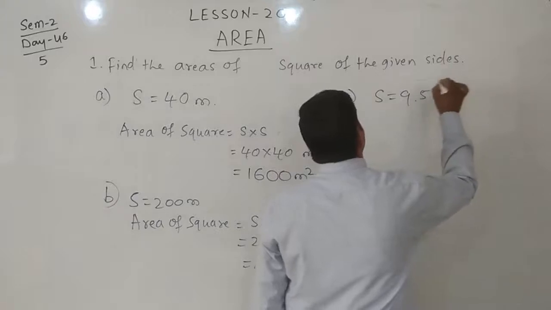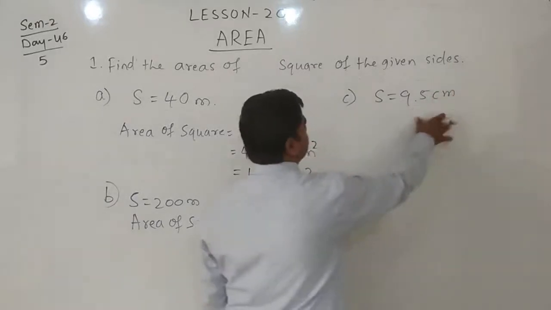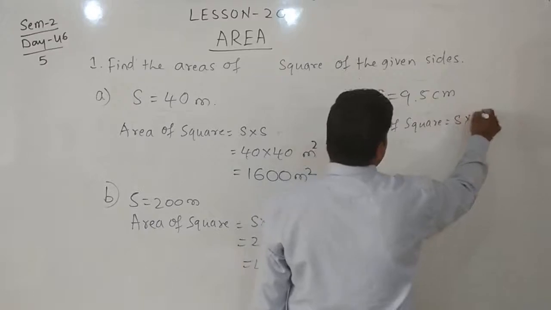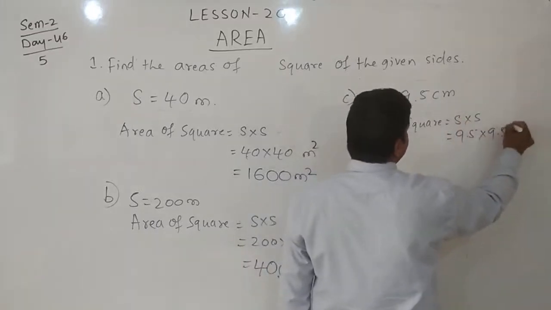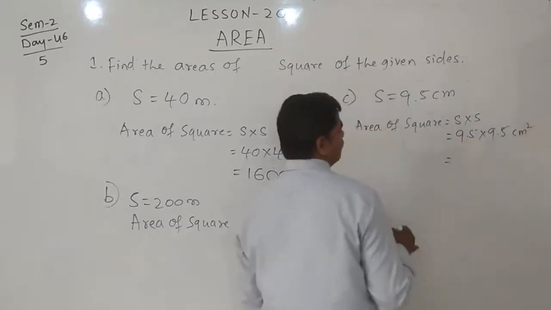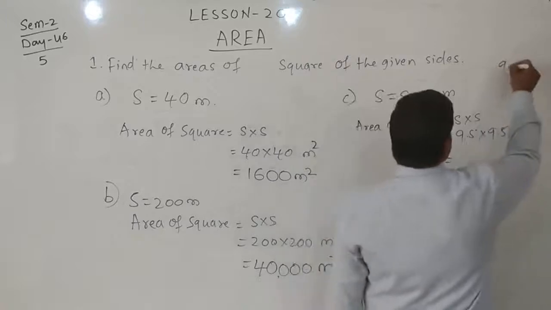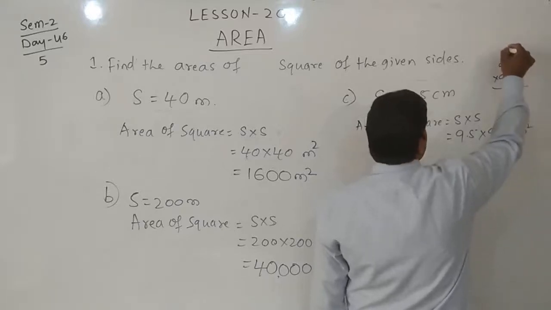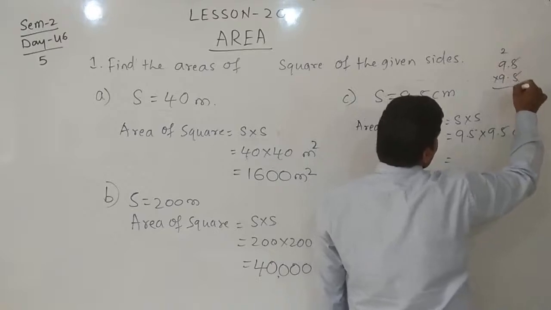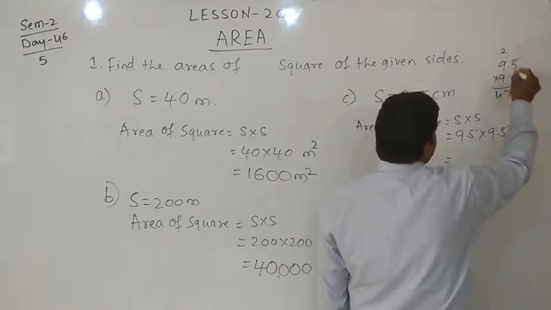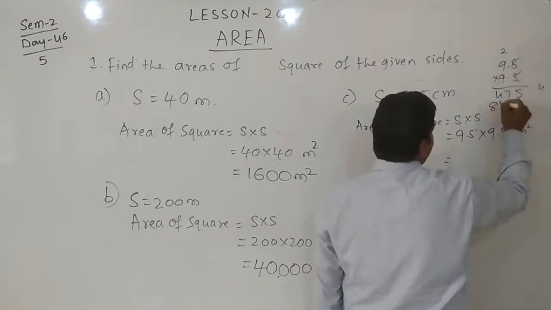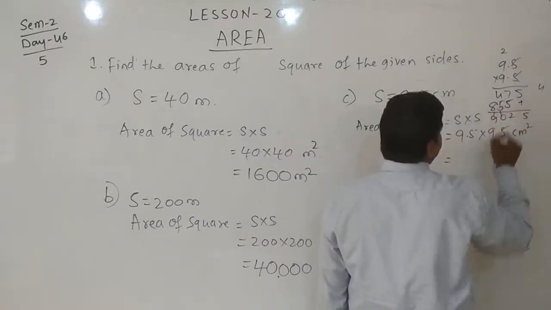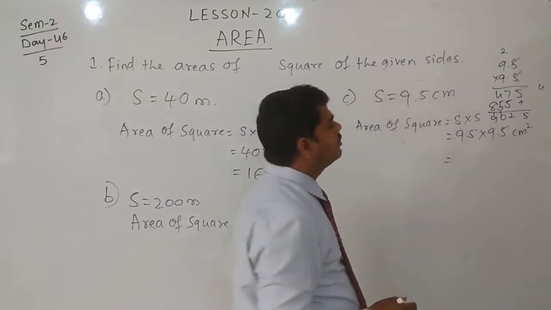Then the formula, area of square is equal to S into S. 9.5 into 9.5 centimeter square. 9.5 multiplied by 9.5, that is 95 times 95. 5 fives are 25. 5 nines are 45 plus 4 is 49. 9 nines are 81, plus 4 is 85. Then the result is 9025.